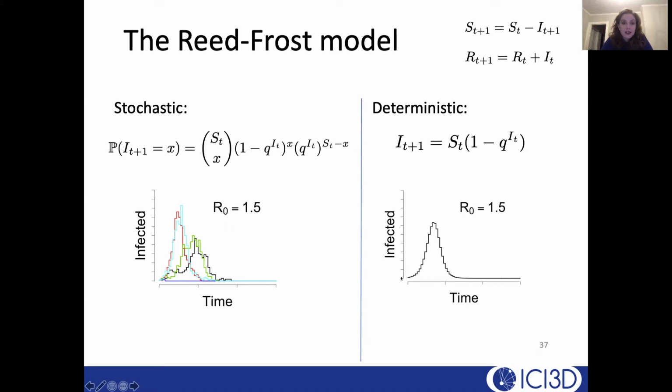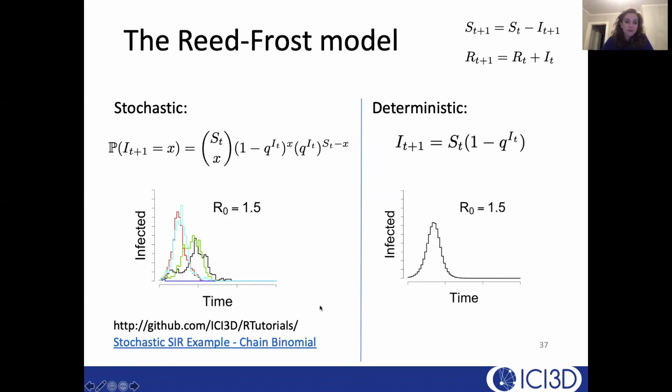We've seen this one already, the deterministic version. And then over here on the left, there are multiple realizations of the stochastic Reed-Frost model with the same R0. And there's a tutorial that will lead you through generating these epidemics, and it's available through the ICI3D R tutorials.